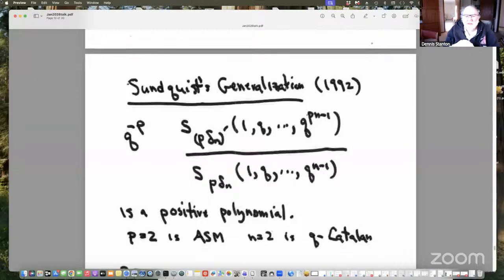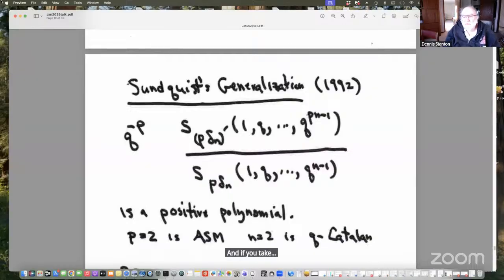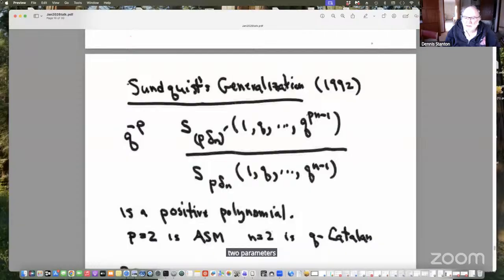That actually is a polynomial, that's been proven, but it's conjectured to be a positive polynomial. If you take p equal 2, you get alternating sign matrix numbers. n equal 2, you get the Catalan numbers. So this is a way of generalizing ASM and Catalan to two parameters, n and p.